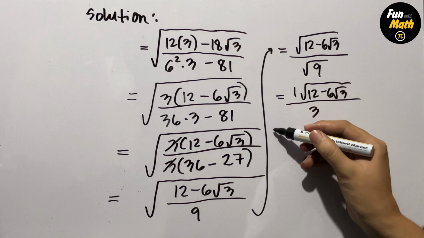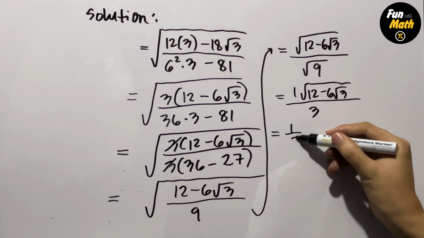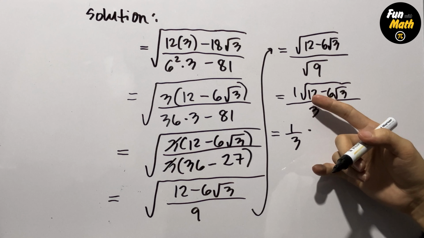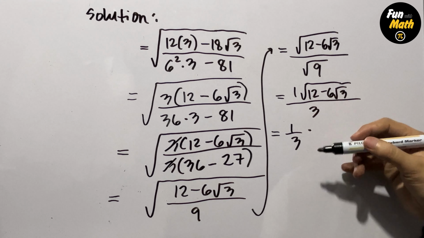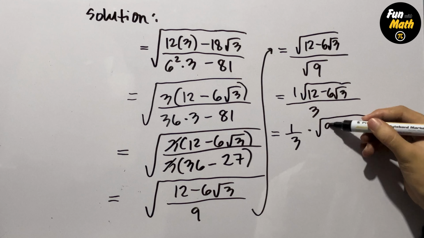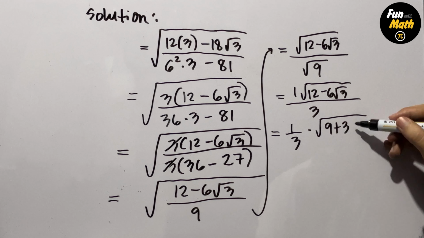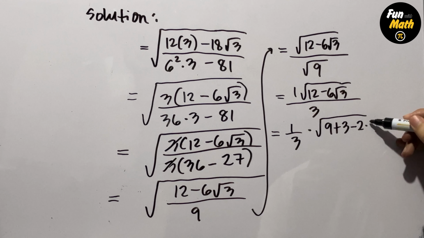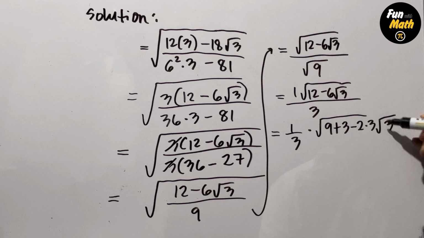And the next is equals 1 over 3 times, we are going to split 12 into 9 plus 3 and also 6. Split this into 2 times 3 square root of 3.